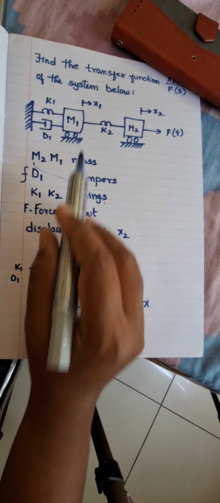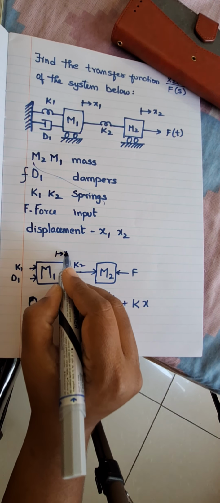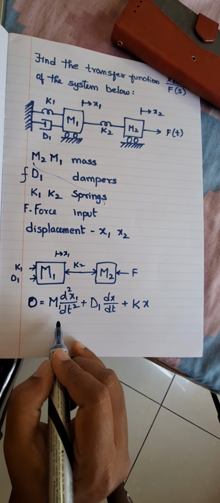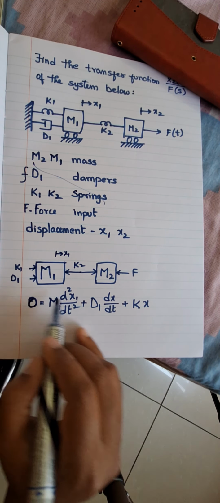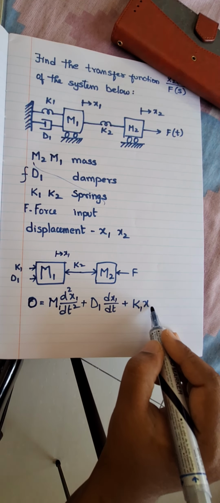For M1, what is the x? X1. So I will write d square x1 by dt square. The damper is d1, so d1 dx1 by dt. The spring is k1, so I will write k1 x1.